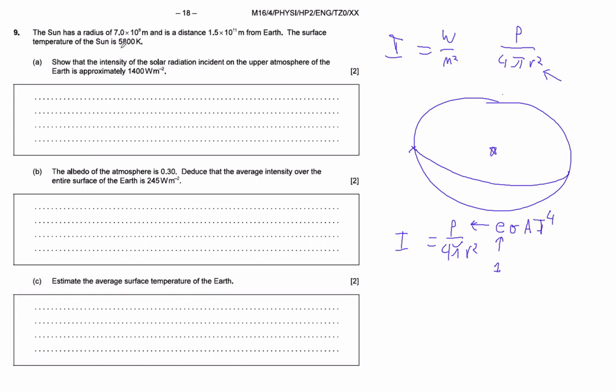And here's our temperature, it's 5,800, so you plug 5,800 into there. The area of the surface of the sun is going to be 4 pi r squared, and the radius of the sun is this. That'll be your r, so plug that in.